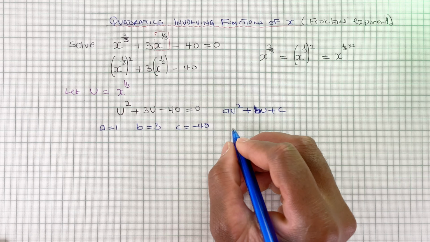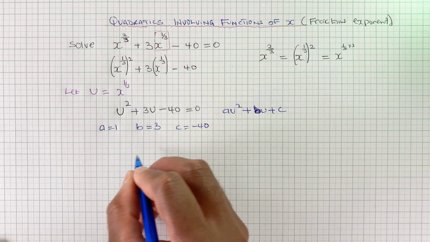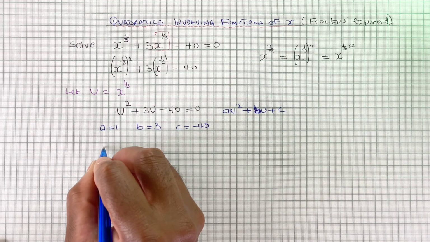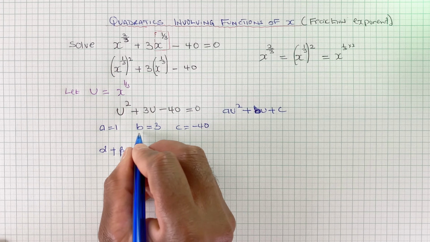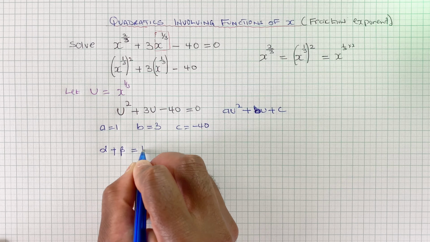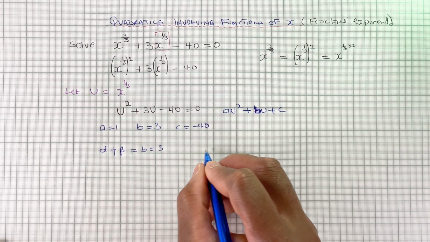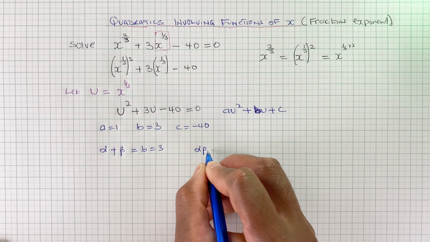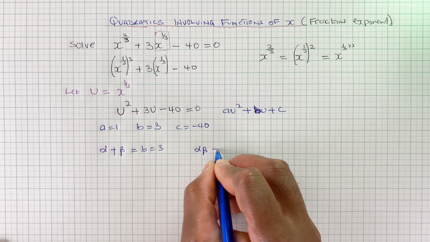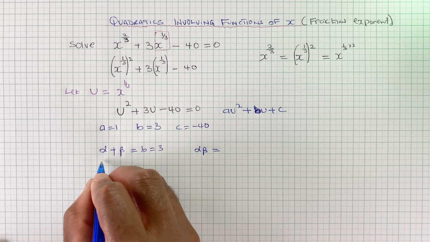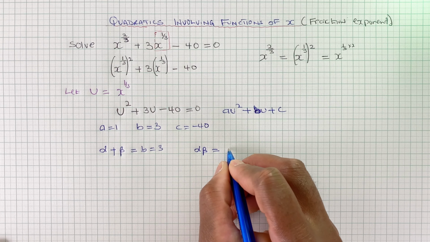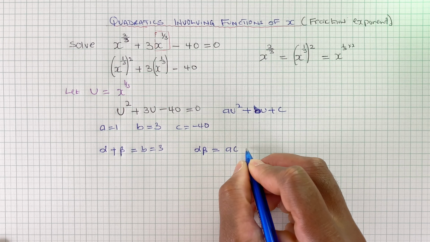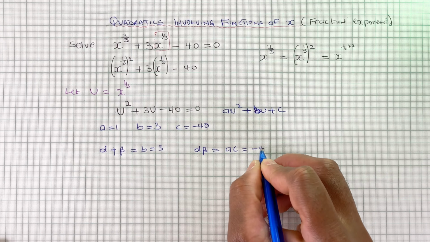Using factorization, I need alpha plus beta. When you add them together, it has to be equal to b, which is 3. Alpha times beta, that'll be the product of roots, should be equal to ac, which is minus 40.